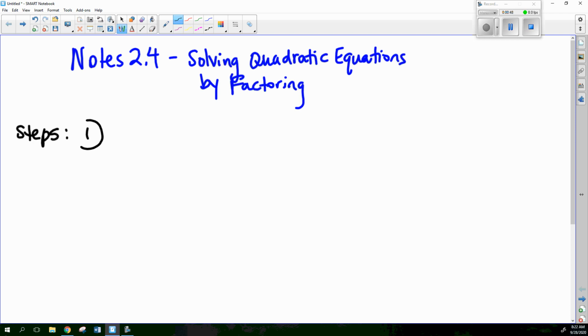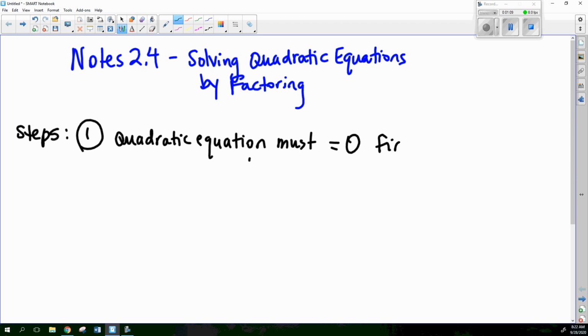Step 1 is that the quadratic equation must equal 0 first. Now, what on earth is a quadratic equation?